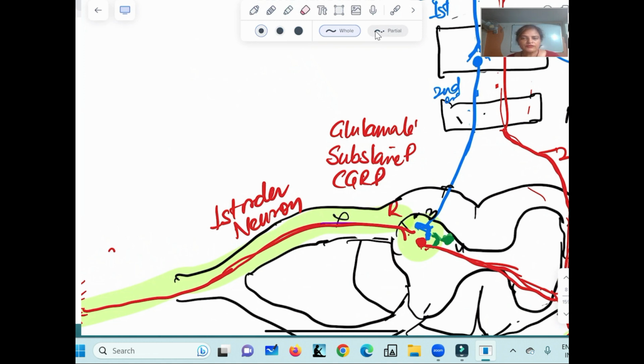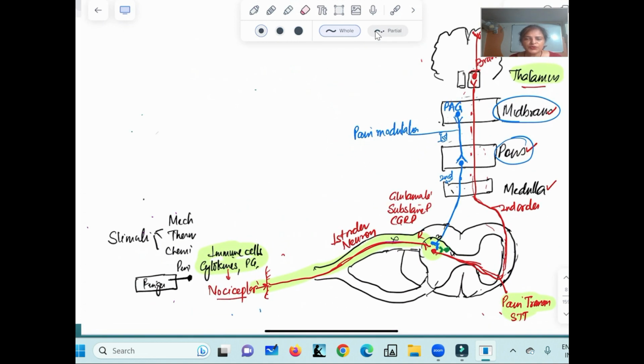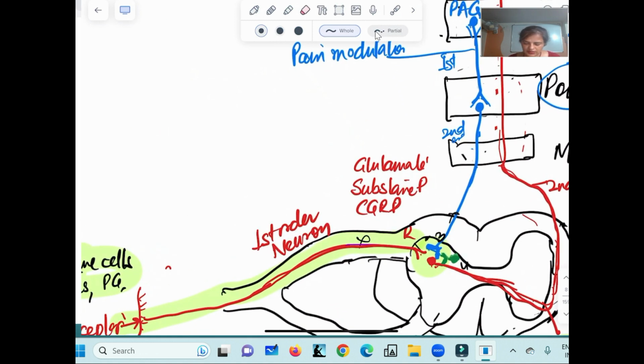So this is the one which is going to cause the modulation of the pain.